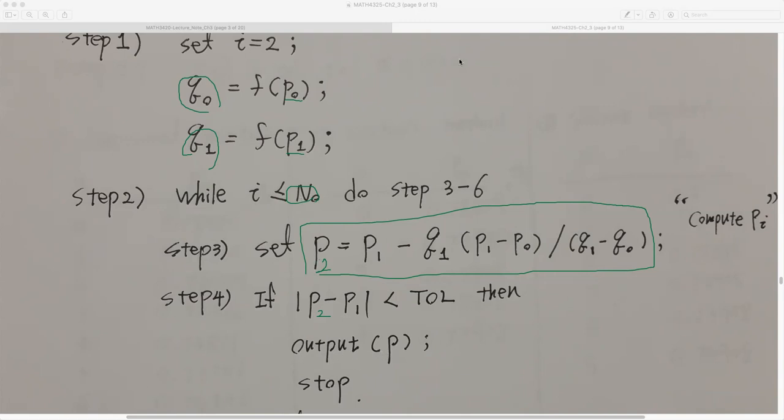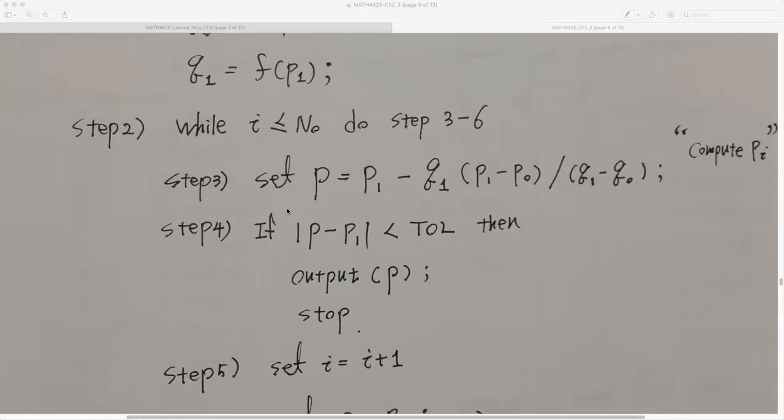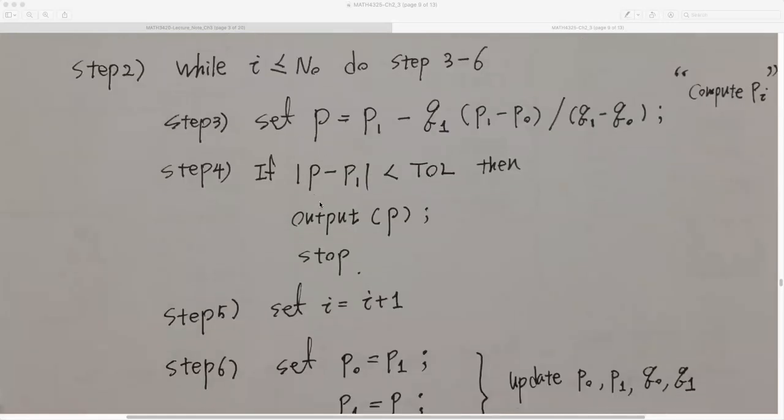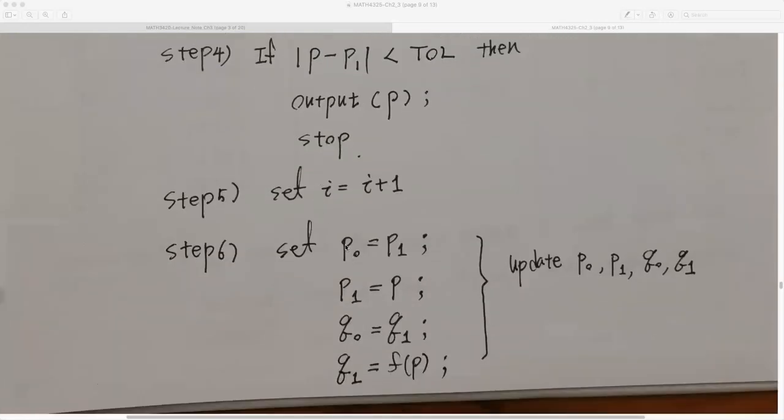Okay, so first we find P2, then P0 will be updated by P1, and then P1 updated by P2, and then Q0 updated by Q1, and then Q1 updated by f of p. Here in the first iteration, p means P2.